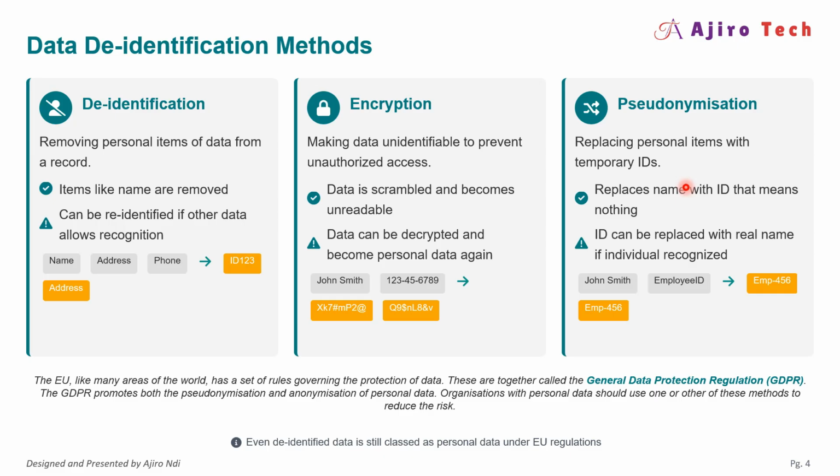You can probably replace it with an ID if you want. But if the person is able to put pieces together, they can still identify the person in de-identification. But in pseudonymization, we're now replacing it with what? With an ID.